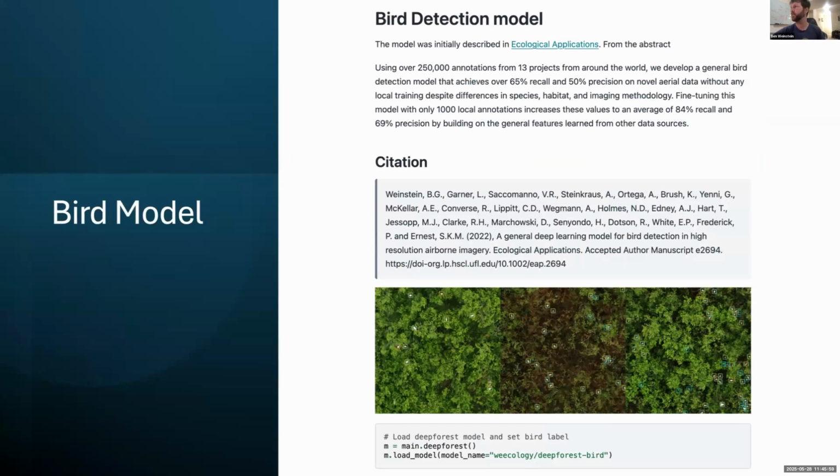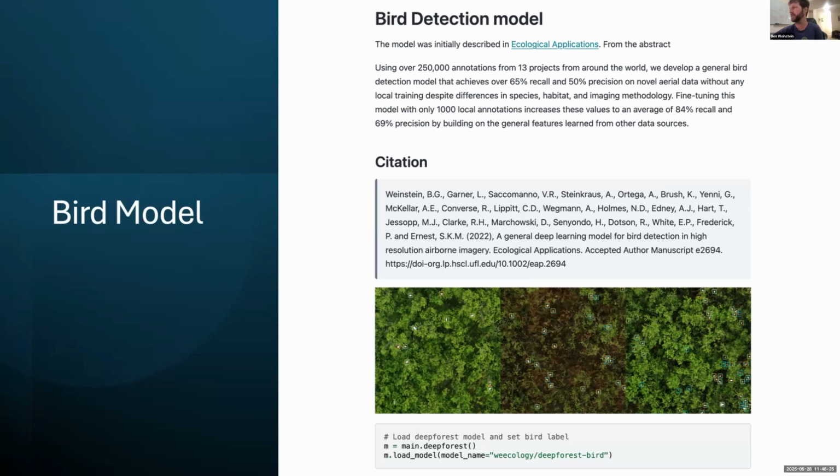And we developed, I think it was 13 or 14 different projects that we went around looking for open data. Tree detection was a starting point, and then we built from that tree detection model a bird detector. And so it really was a nice lesson on how fine-tuning from one environmental algorithm can be used for another algorithm.